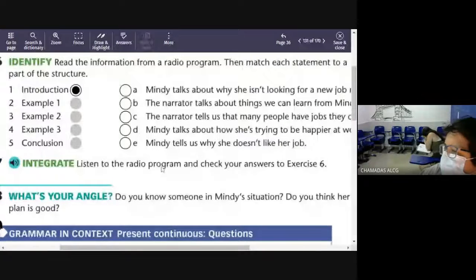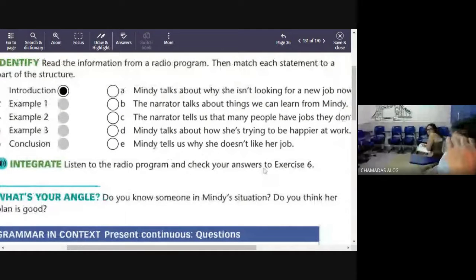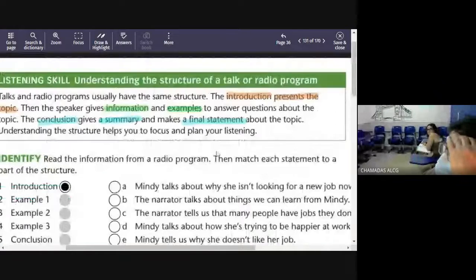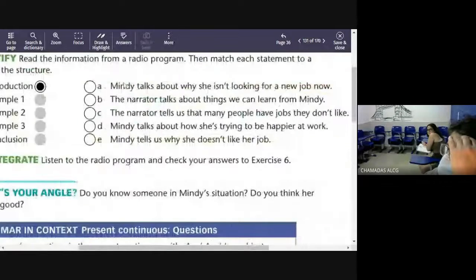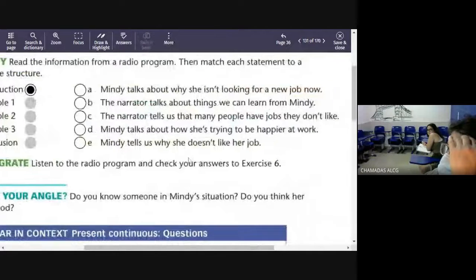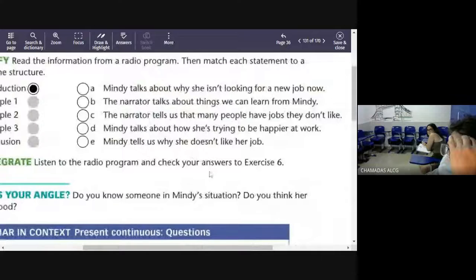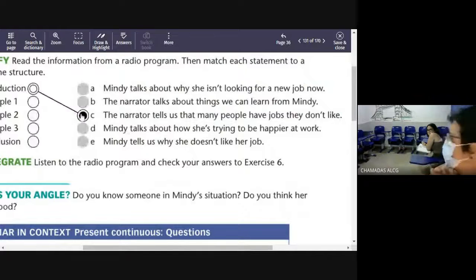Yes, don't you think this is more specific about Mindy? Remember, the introduction presents the topic. Okay, so which one here do you think best presents the topic? I would say C. All right.